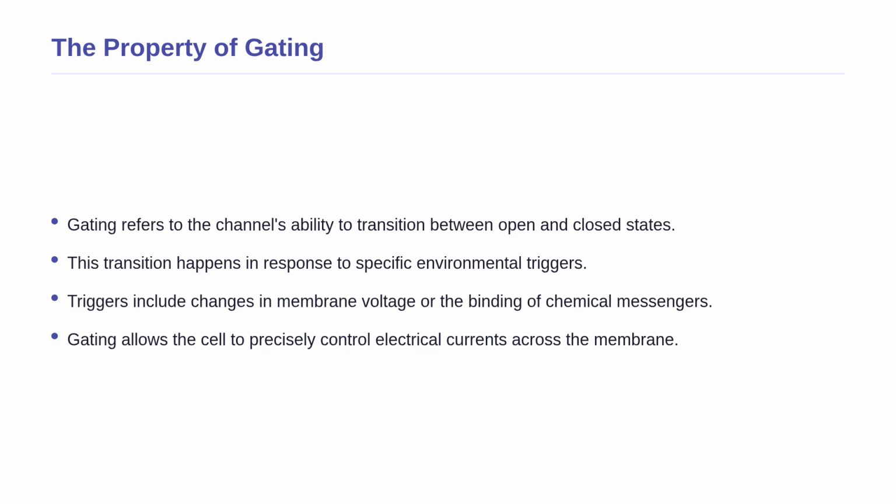Some channels open when the overall voltage of the membrane changes, while others open when specific chemical messengers bind to them. This gating mechanism is crucial because it acts as the on and off switch for the electrical currents, giving the brain cell moment-to-moment control over its communication.